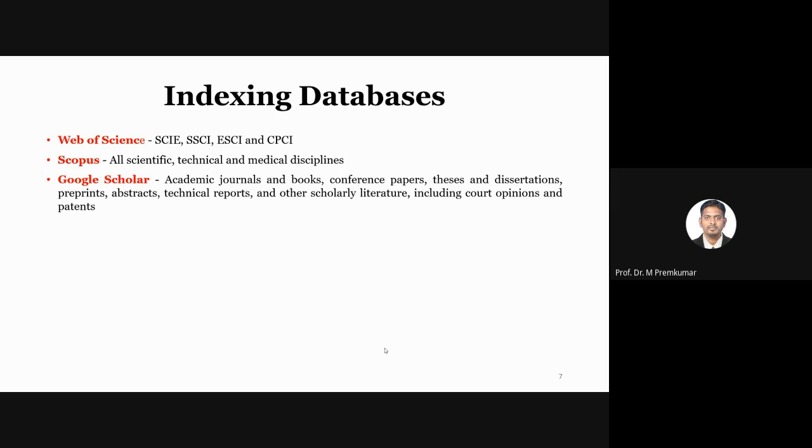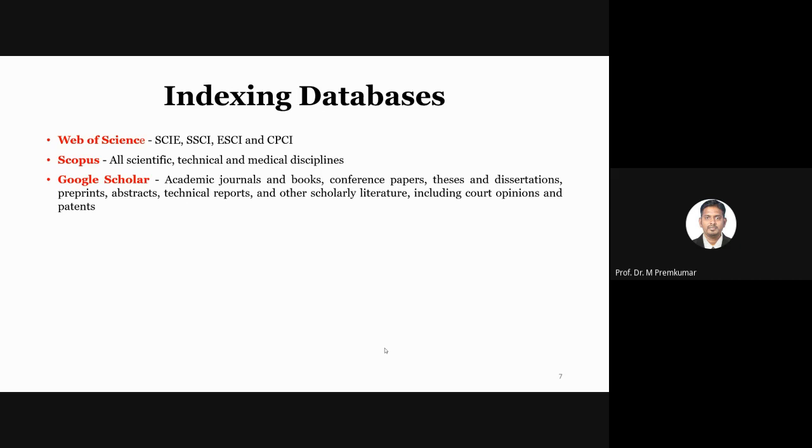So when you select the journal, first thing what you have to see is whether the journal is indexed by Web of Science or not. Okay, then or else you have to check whether the journal is indexed by Scopus or not. Okay, so if these two are there, then we can say that if your paper is quality and the journal is also quality, and you submit the paper, obviously finally you'll be getting the quality publications.